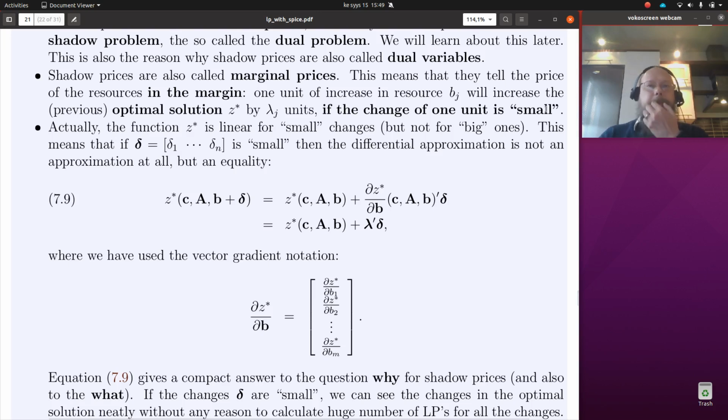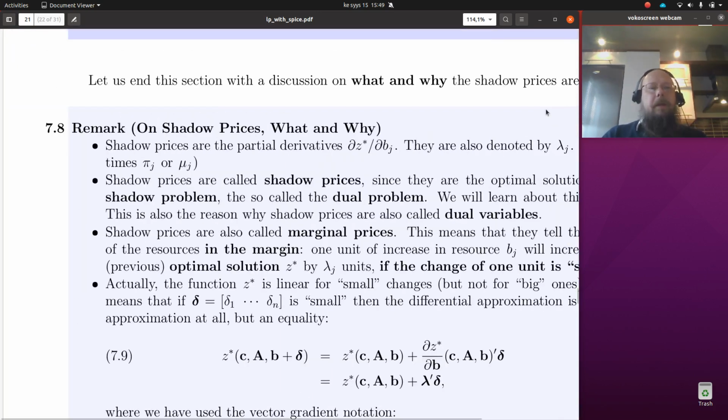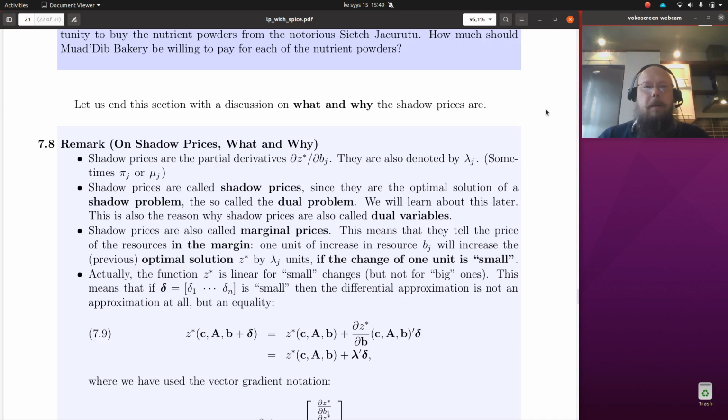All right, so this is remark 7.8. So this is where I collect some remarks on shadow prices and what they are and why we are interested in them.